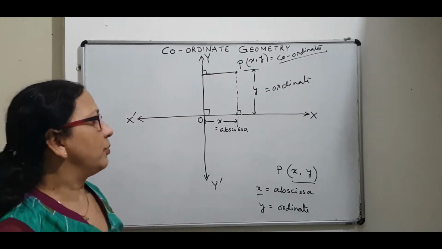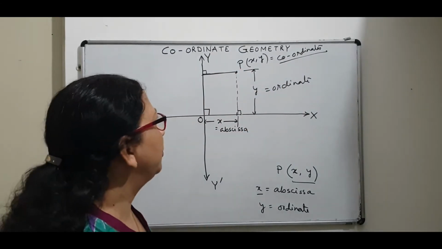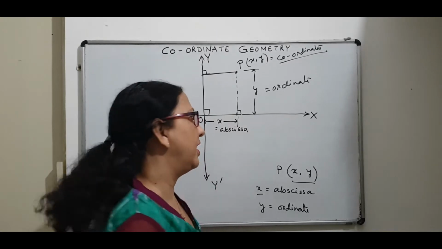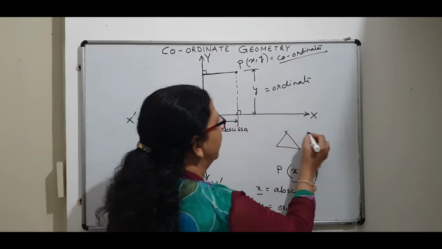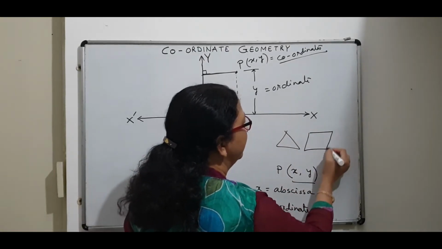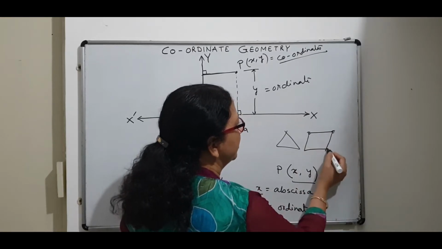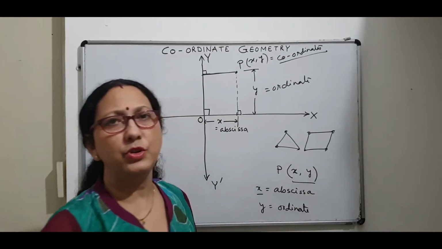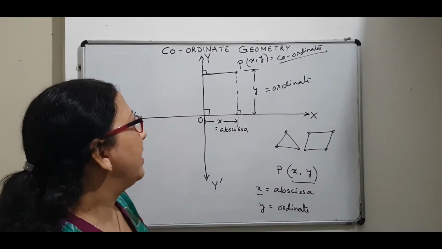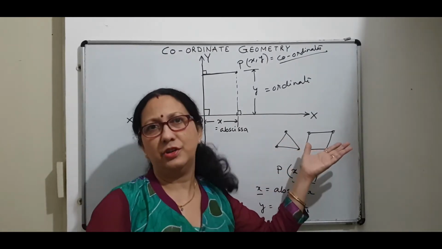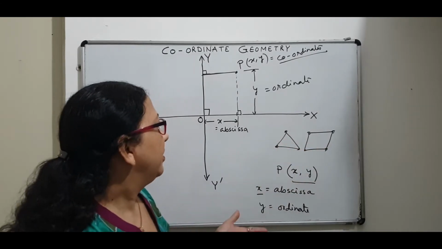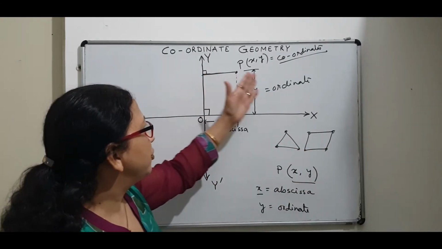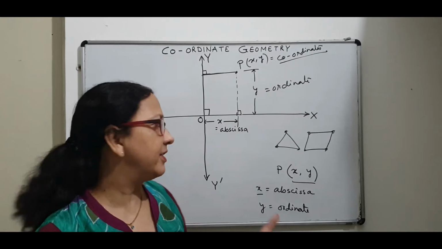So in coordinate geometry, we deal with geometric figures like a triangle or a parallelogram, etc., whose vertices are points which have some coordinates, and we deal with these coordinates of the vertices. Hence the name coordinate geometry, and sometimes it's known as analytical geometry.